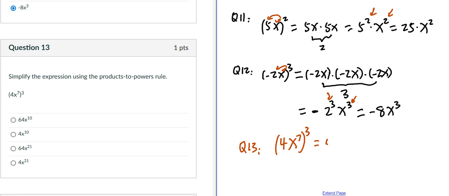So you have 4 cubed, x to the 7th cubed. Then 4 cubed means 4 times 4 times 4. 4 times 4 is 16, and then 16 times 4 is 64.